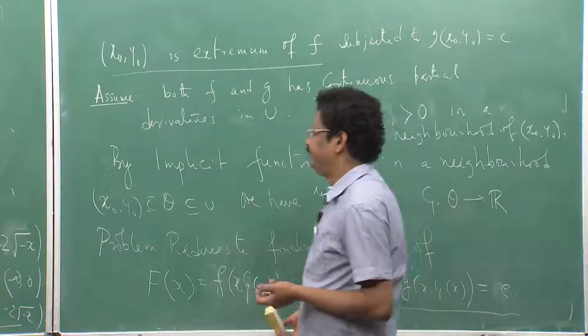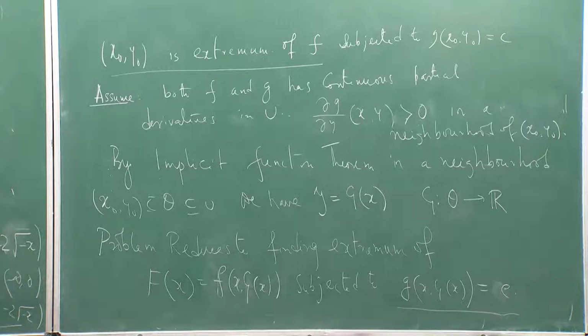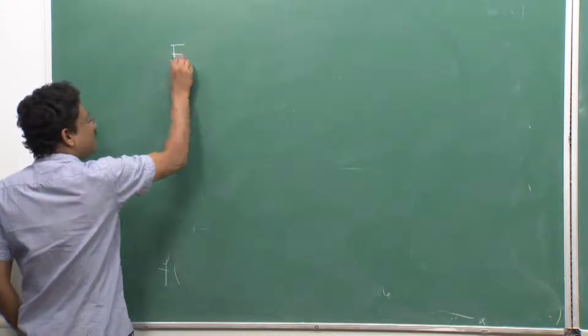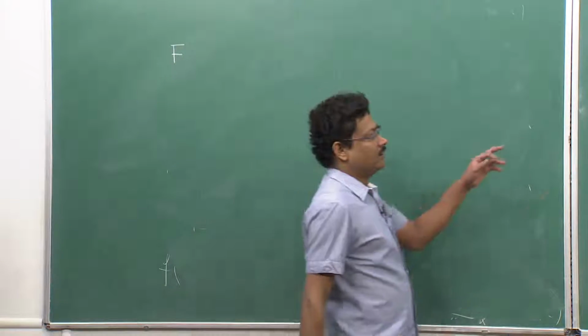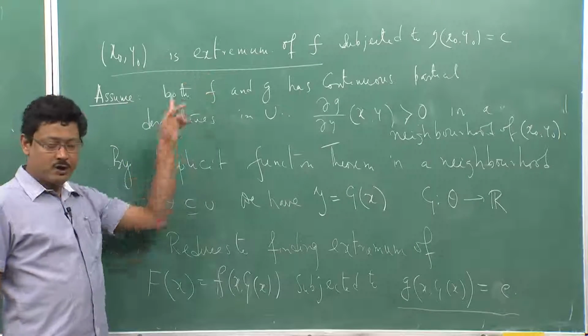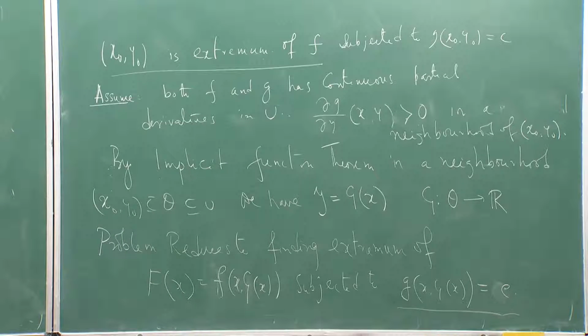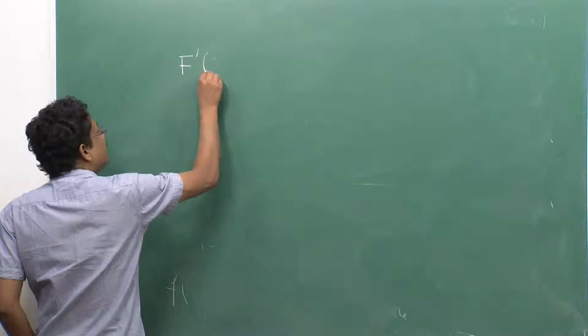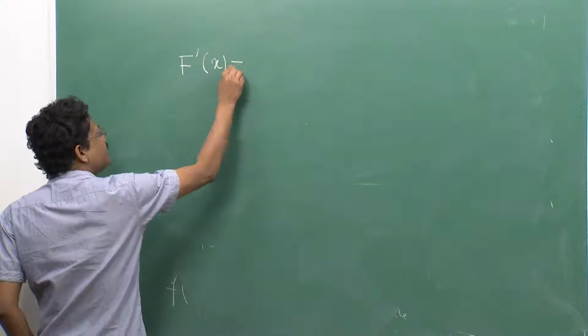A function of one variable, if it has an extremum, then it is surely a stationary point, right. So I should first look for this equation F prime x equal to 0.